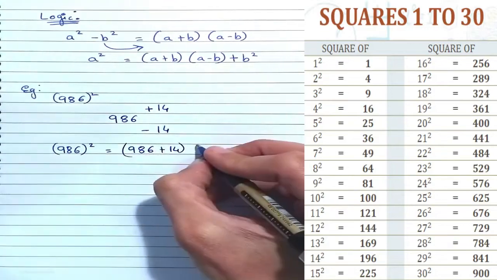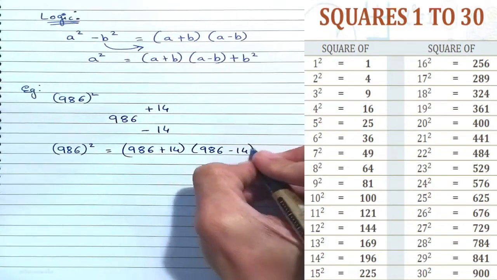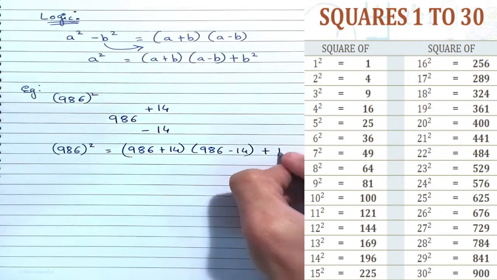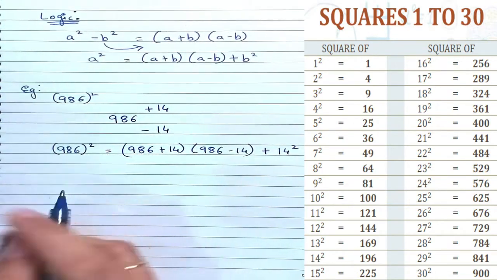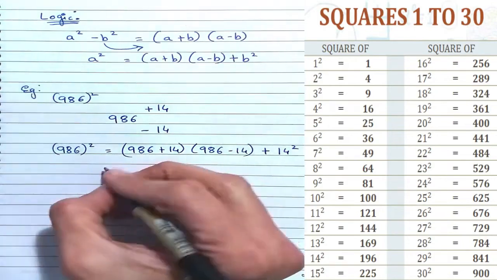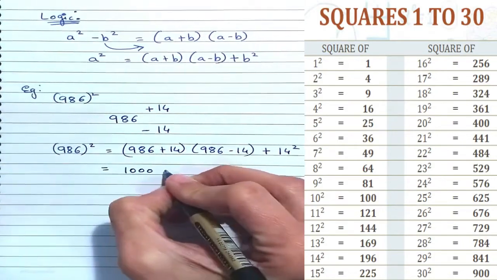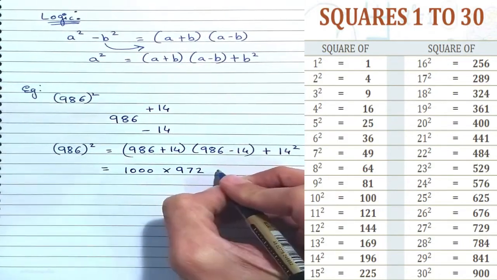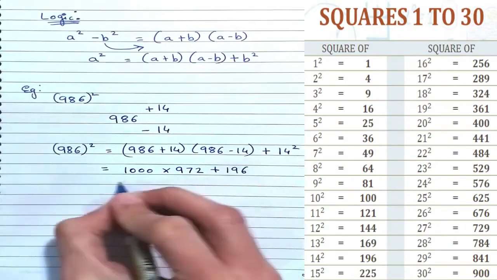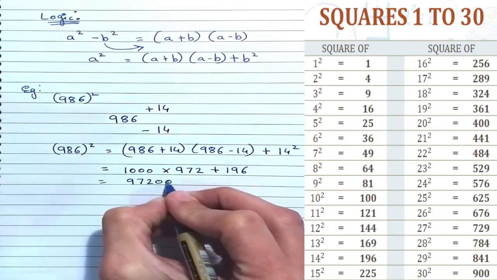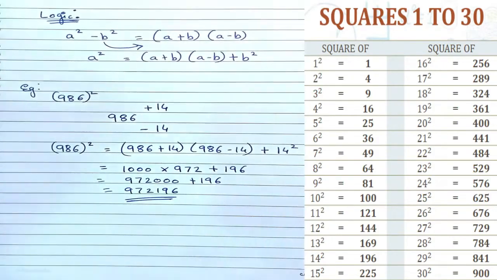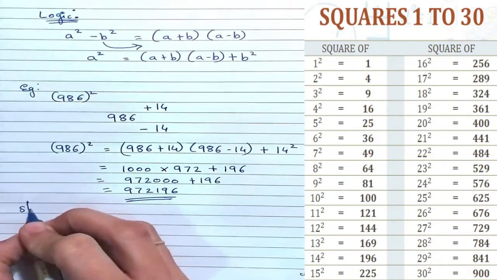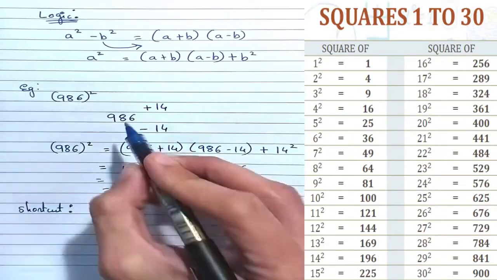So 986 plus 14 and 986 minus 14 and plus b square, that is 14 square. So my answer in this formula would be 1000 multiplied by 972 plus 196, that is 14 square. So my answer would be 972196.